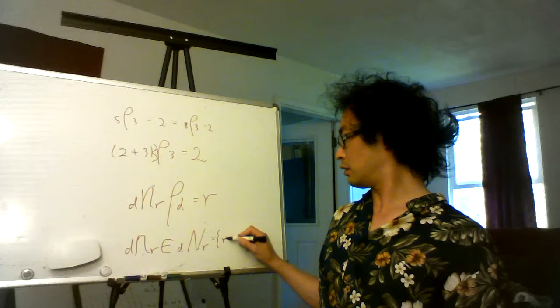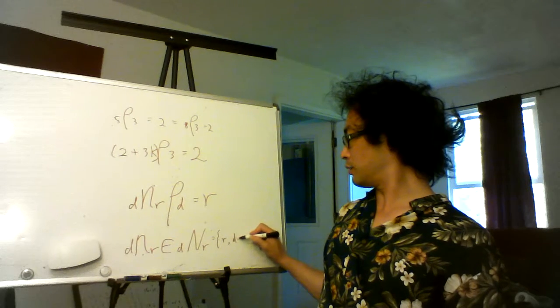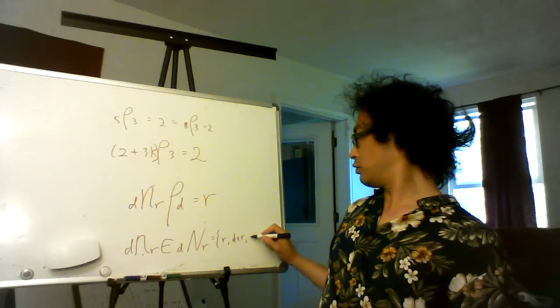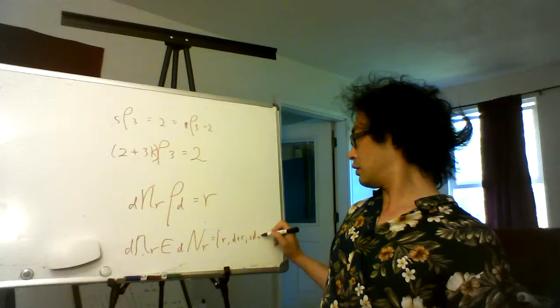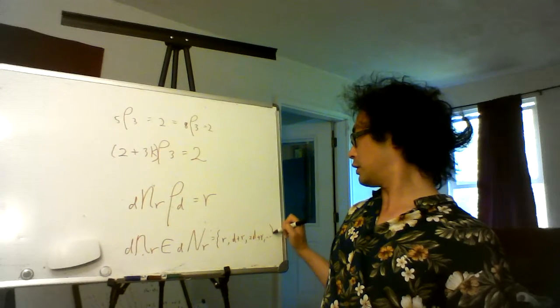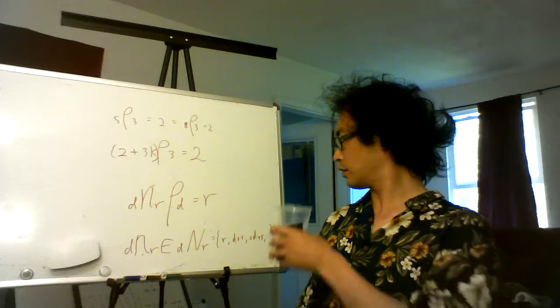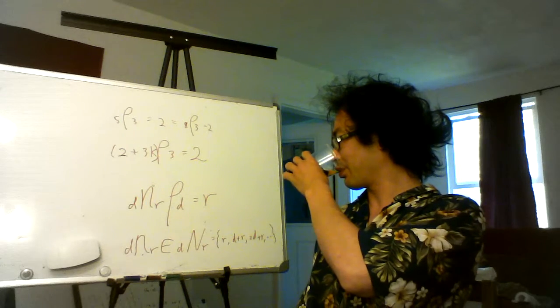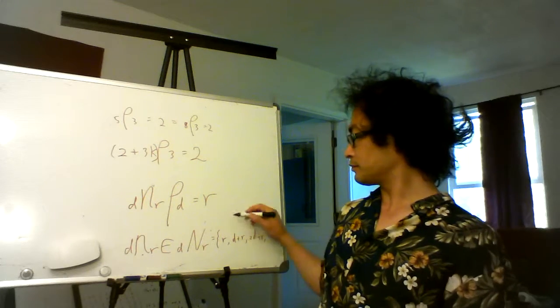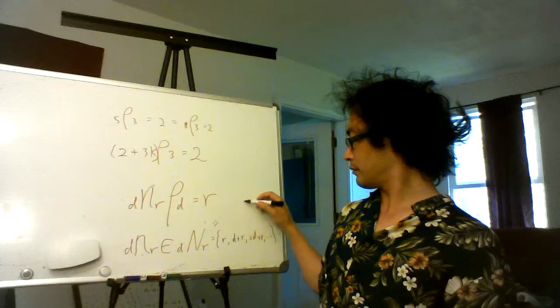Start with r, d plus r, 2d plus r, and so on. Which is what?